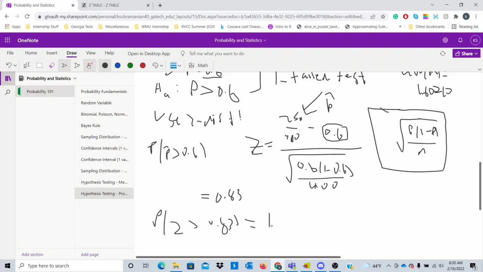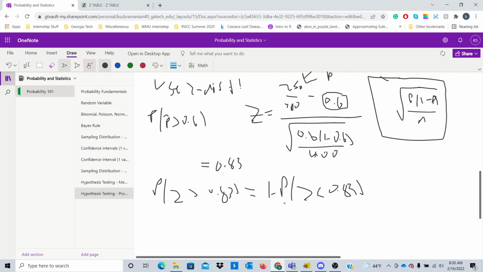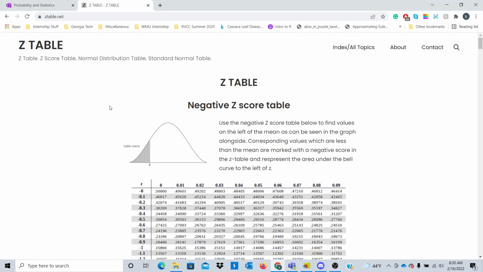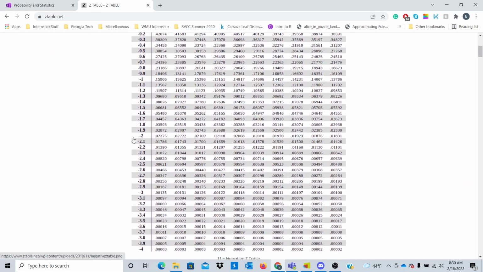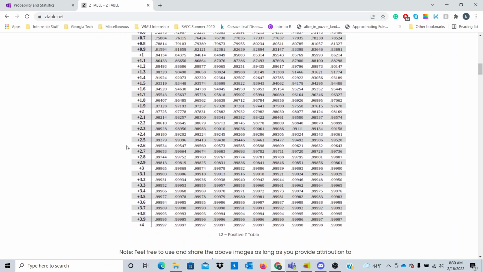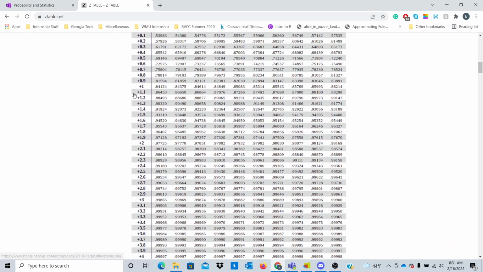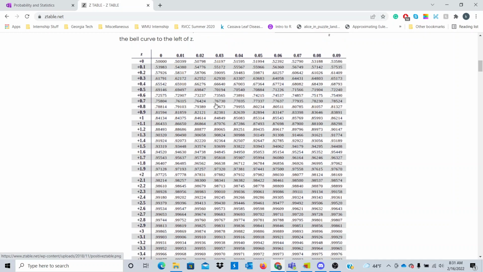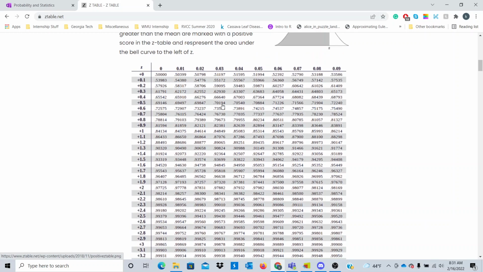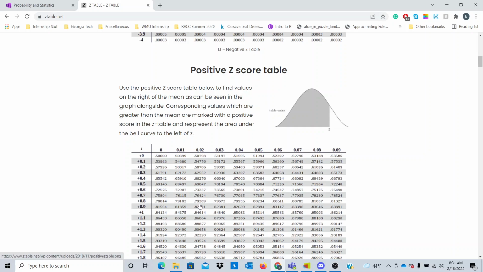So this is equal to 1 minus the probability of getting a z-score smaller than 0.83. And now I can find this value in my table. So when I go to the z-table, this area here we want to find, and this z will be 0.83. So if we go to 0.83, I will see that I get this gray area value as 0.79673.